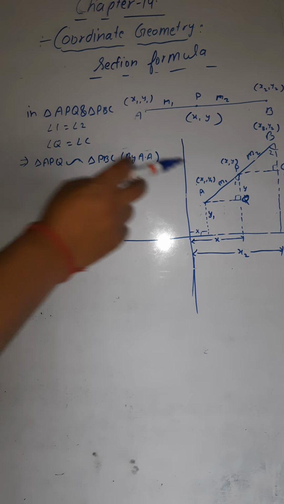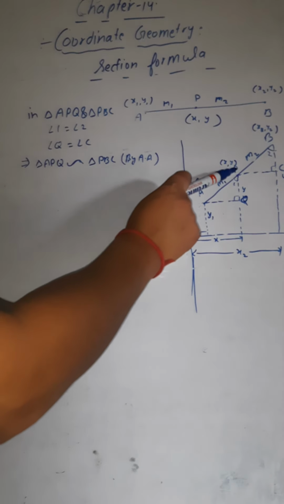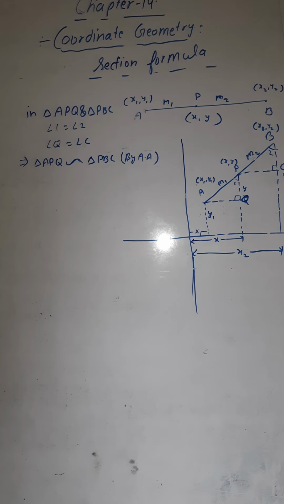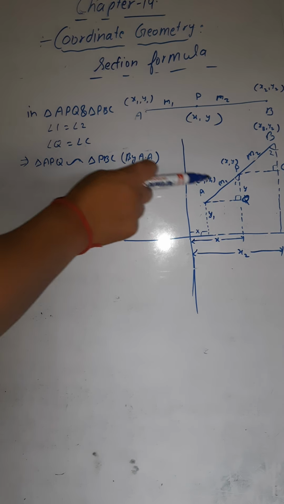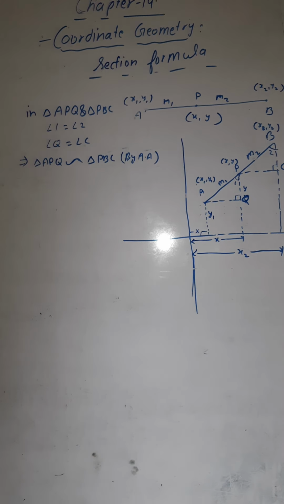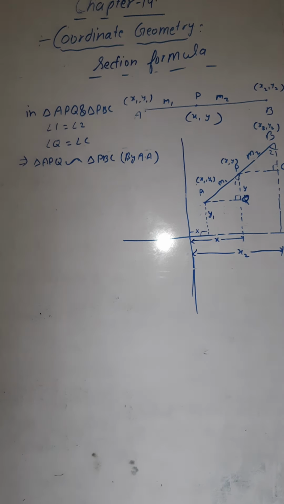So by the angle criterion, we can say that triangle APQ is similar to triangle PBC. Why? Because their corresponding angles are equal and one angle is equal to 90 degrees. You must be getting this now.